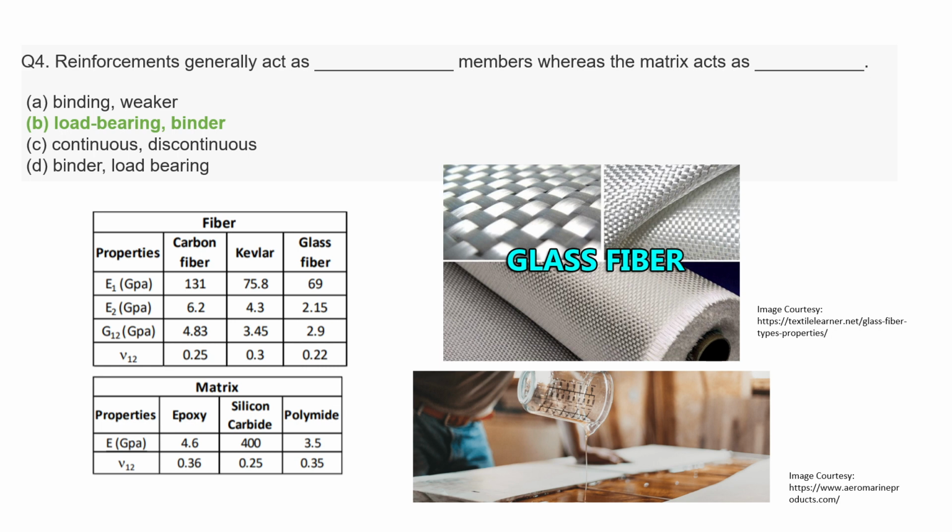So we added some reinforcements. Mostly the matrix is our polymer and the reinforcements are different fibers. Combining them with the polymer, we got a final composite which has the additive strength of both the polymer matrix and the fiber reinforcements. That's why, from what I just explained, we can see reinforcement acts as the load bearing.